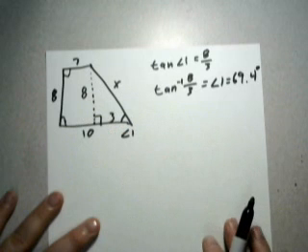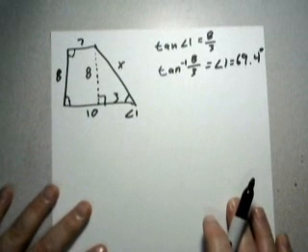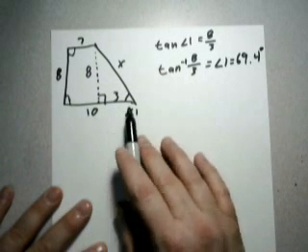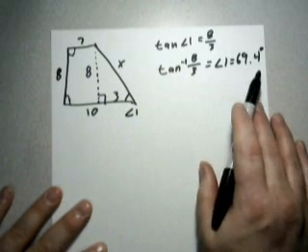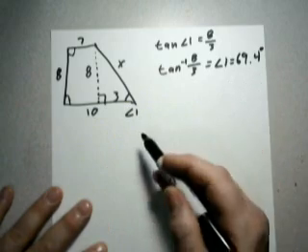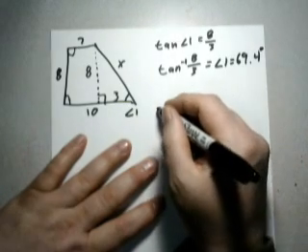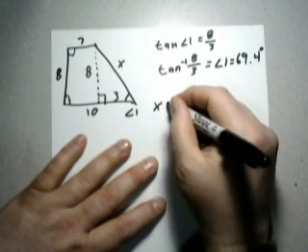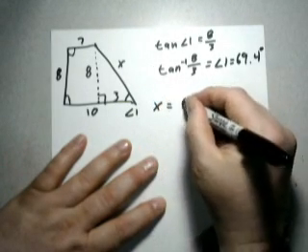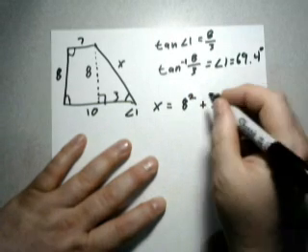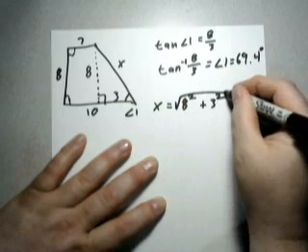However, probably the better way would be to use the Pythagorean theorem, because 8 and 3 are not rounded. 69.4 is rounded. But you could still use it. So the Pythagorean theorem says that x is equal to the square root of 8 squared plus 3 squared.